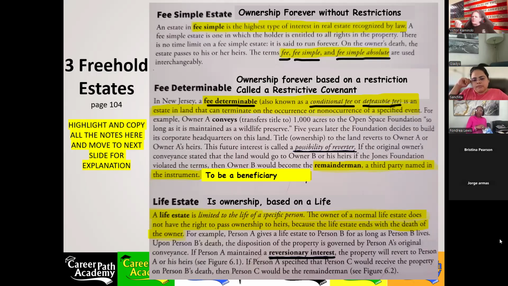I'm going to sell you my property as long as no alcoholic beverages are ever on or consumed in that property. It sounds like a wacky thing, but is there anything illegal about that if you agree to it? No. But if you agree to that term and you try to sell that property later on down the road, you're selling the property with those restrictions to future owners as well.